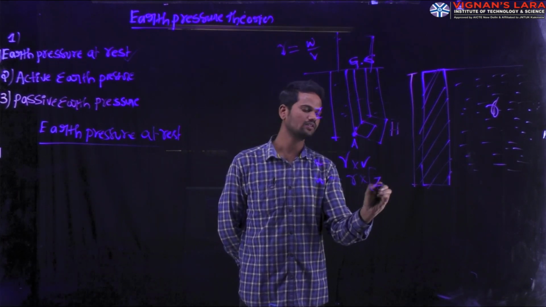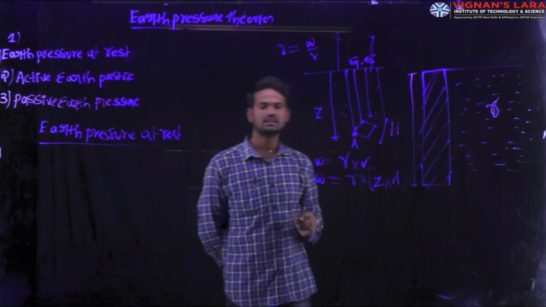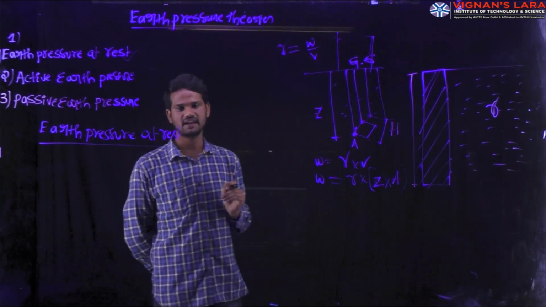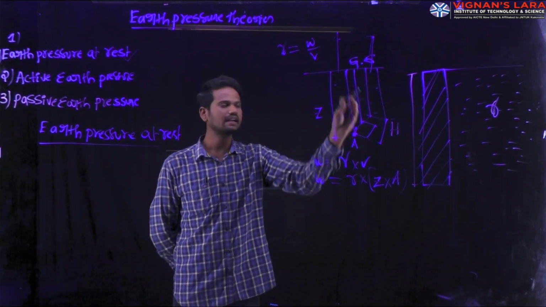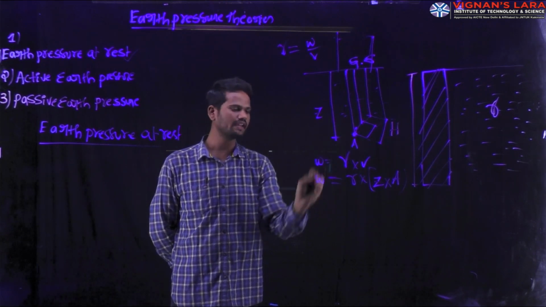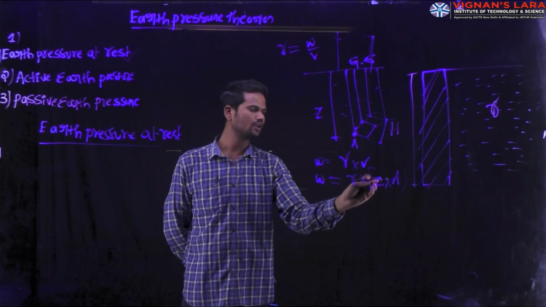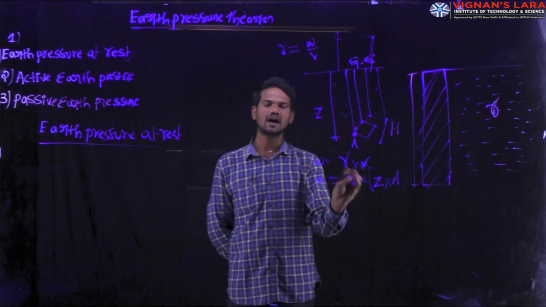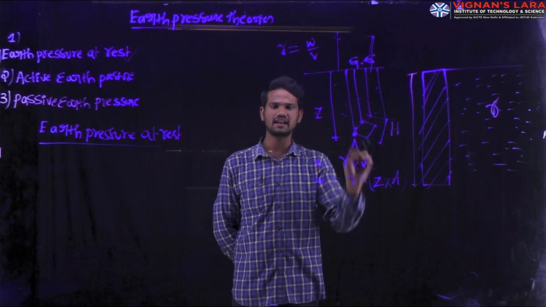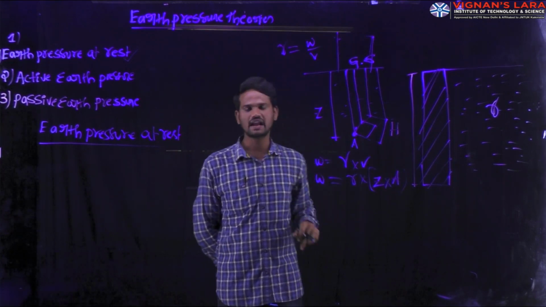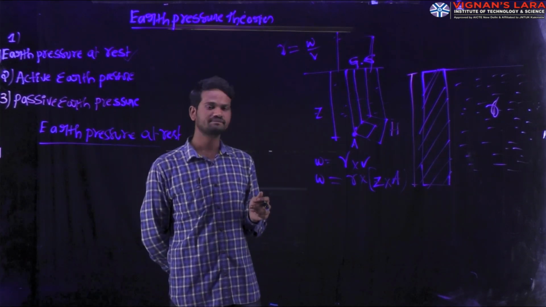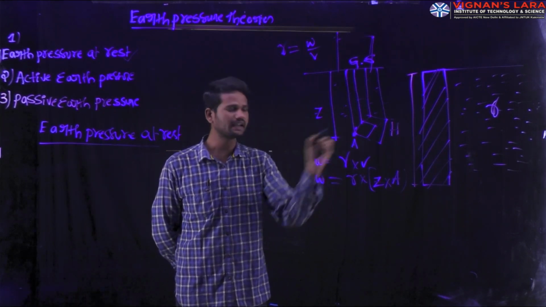That means W equals gamma into Z into A. This is the weight of the soil creating pressure on the element. The self weight of the soil on the soil element at a depth of Z at point A is W equals gamma Z A, where gamma is the unit weight of the soil mass, Z is the depth of the soil element, and capital A is the cross sectional area of the soil element. Now I want to calculate the stress acting at this particular point.